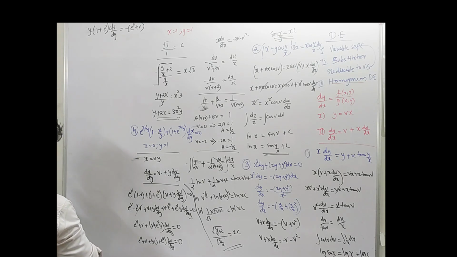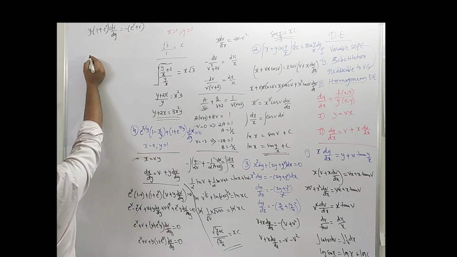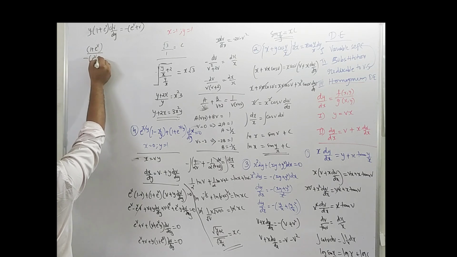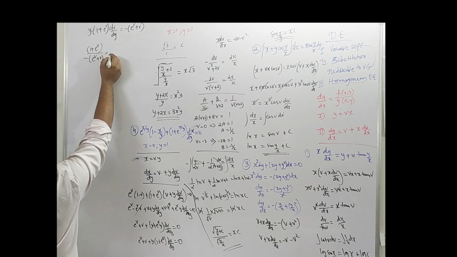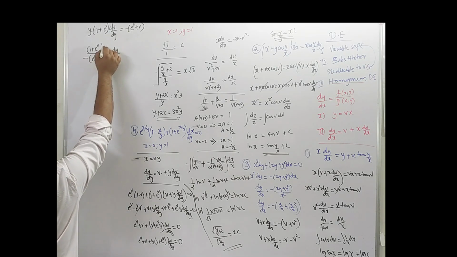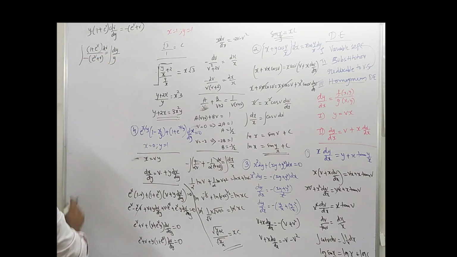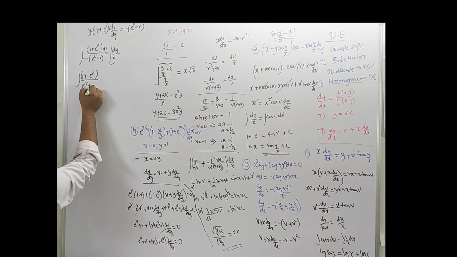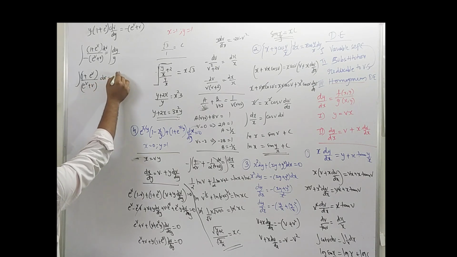And then we have (1 plus e to the power v) upon (e to the power v plus v) is equal to minus dy by y. Some rearrangements. And now here we can do the integration. So you can use the substitution method to solve this integration.